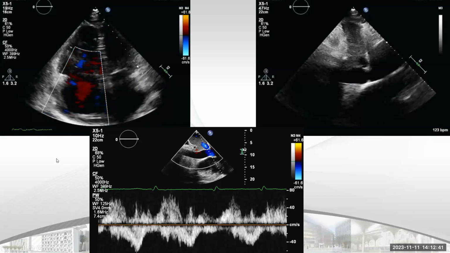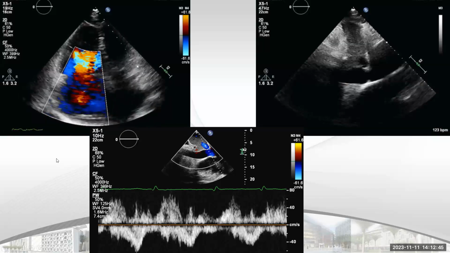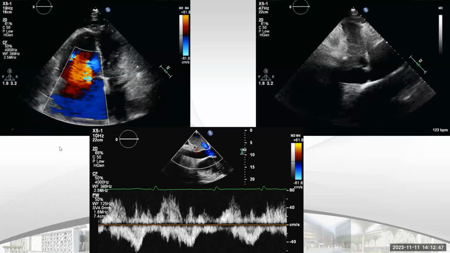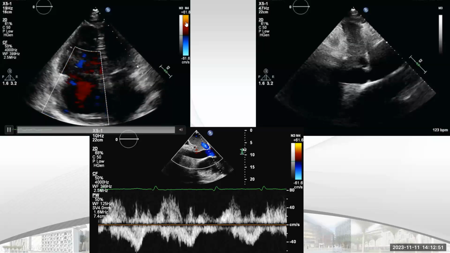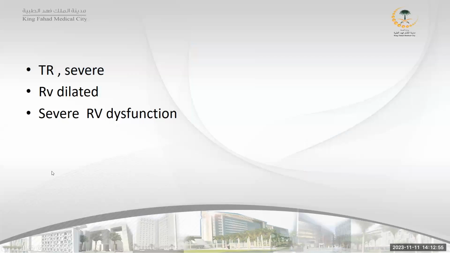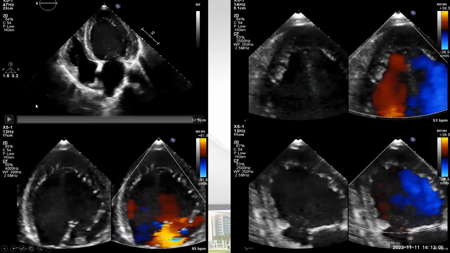There is only one exception, in aortic regurgitation, where we look at the size of the aortic regurgitation jet inside the LVOT only, not inside the left ventricle. Good. So this is the case. TR severe, RV dilatation, as we said, RV dysfunction, and dilated right atrium. Nice. Next, please.